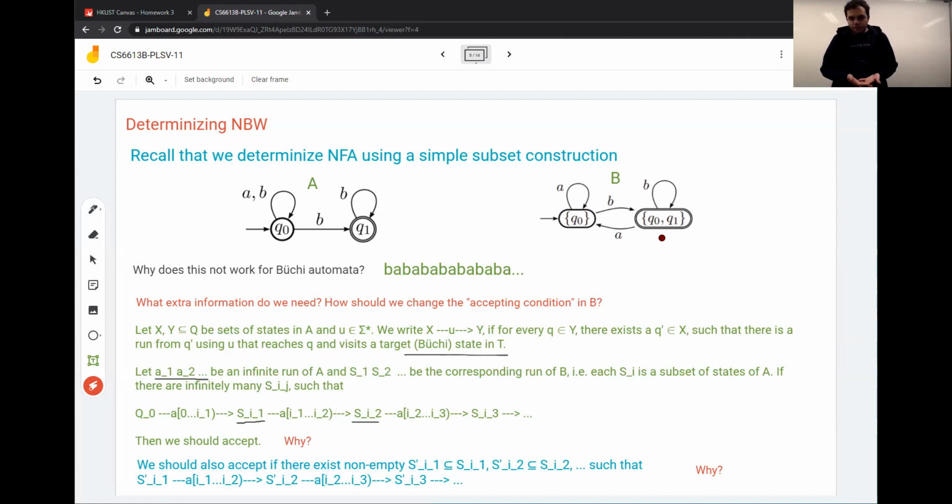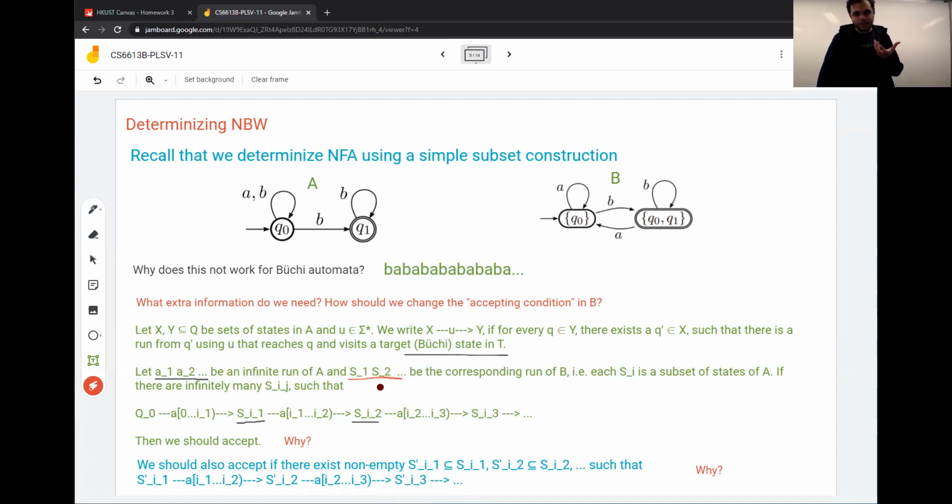Now, what happens if I don't have great memory and I just forget some of these? So let's say that at step i I have a bunch of vertices. I have 10 vertices that I know I could be at. And I just say, okay, I want to get rid of 5 of them and forget them. This also gives me a run, not exactly a run, but a sequence. So I can get a sequence S'1, S'2, and so on, and all of them are subsets of S1, S2.